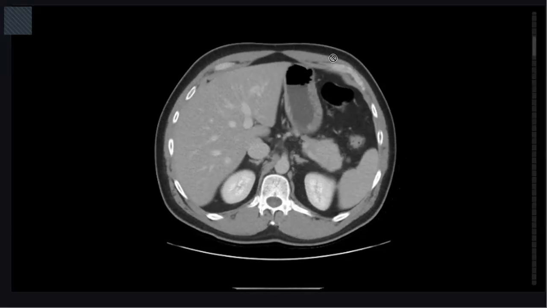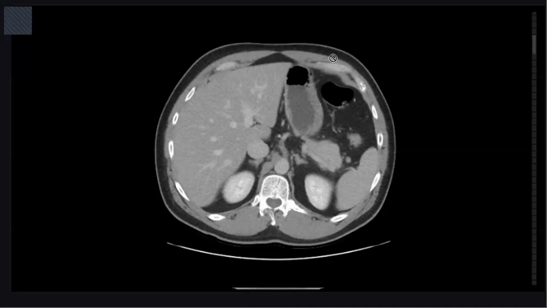What are the possible causes for this appearance? This appearance could be a focal neoplastic lesion like IPMN, intraductal papillary mucinous neoplasm.